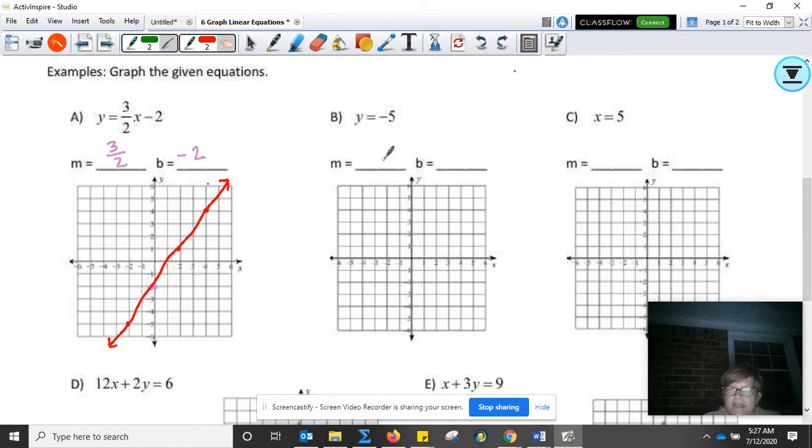Now for B. Remember slope-intercept form, y equals mx plus b. In this equation, we don't have an x, so our m is just going to be 0, and our b is going to be negative 5. Remember, when it's y equals, it's going to be a horizontal line.